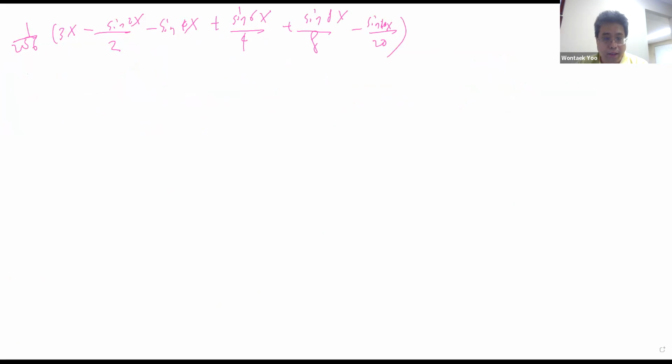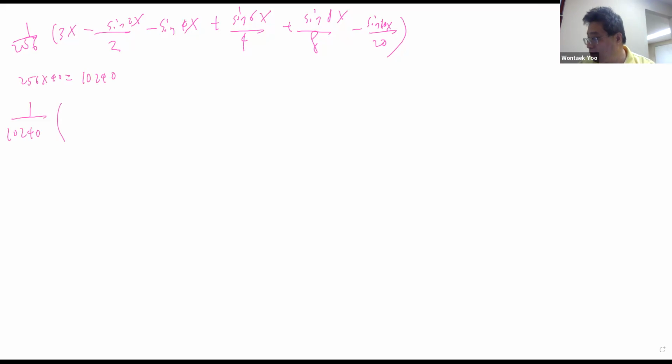To make it easier for us to visualize the whole situation, let us multiply everything by the least common denominator, which is 40. So if you take out a factor of 1 over 40 from the whole thing, 256 times 40 equals 10,240. So we have 1 over 10,240.